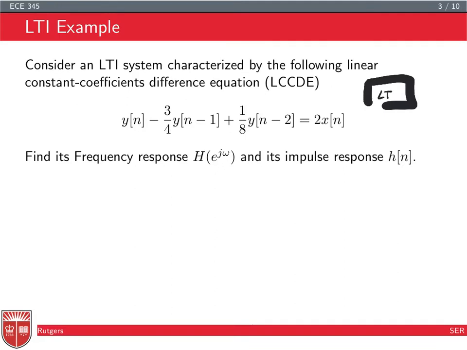This is the LTI system, and the input is x[n] and the output is y[n]. The LCCDE describes the relationship between the input and the output. The question here is to find the frequency response H(e^{jω}) of this LTI system and to find its impulse response.